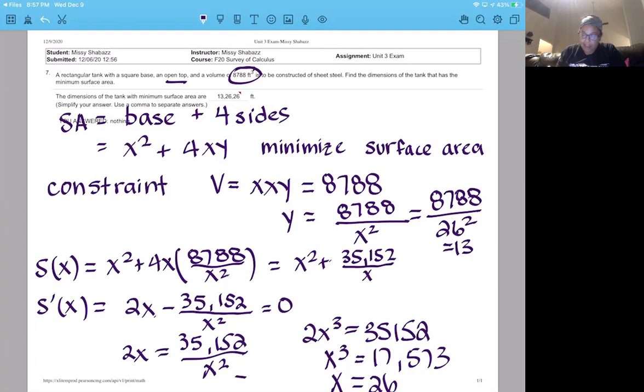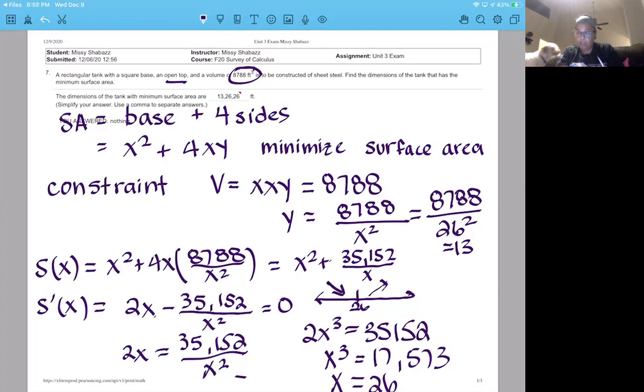So you can put that on a number line and do the first derivative test. If I plug in 1, I'm going to get a negative number. If I plug in 27, that's going to give me a positive number.